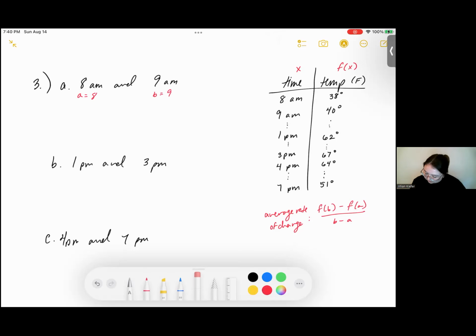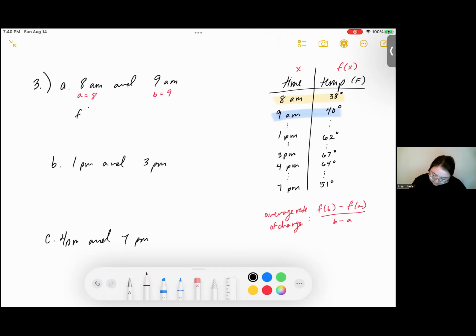At 8 a.m., the temperature is 38 degrees Fahrenheit, and at 9 a.m., the temperature is 40 degrees Fahrenheit. So when we write out our equation, f of b minus f of a divided by b minus a, a is 8, b is 9.